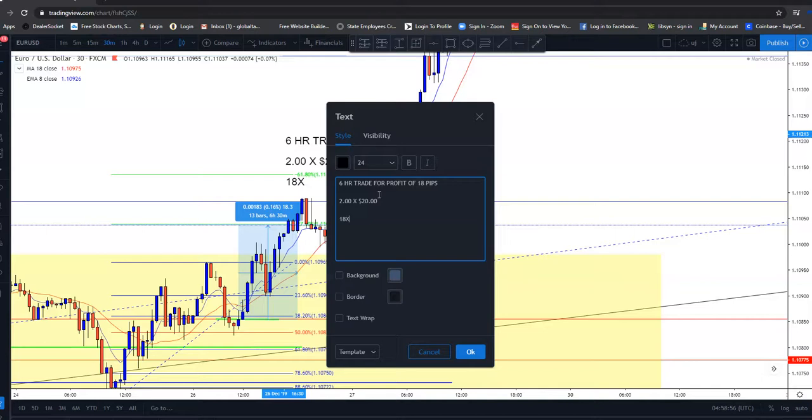18 times 20 at the end of the day is always going to equal, let's find it down here, a quick and easy $360.